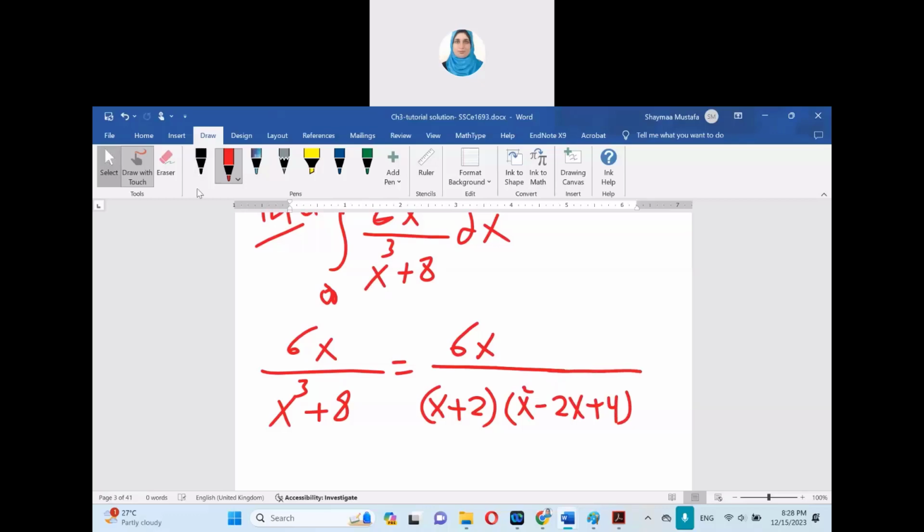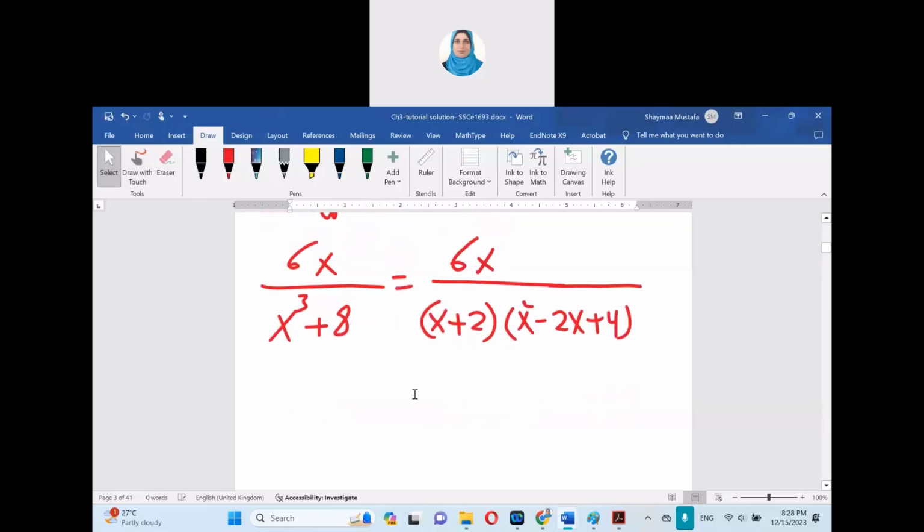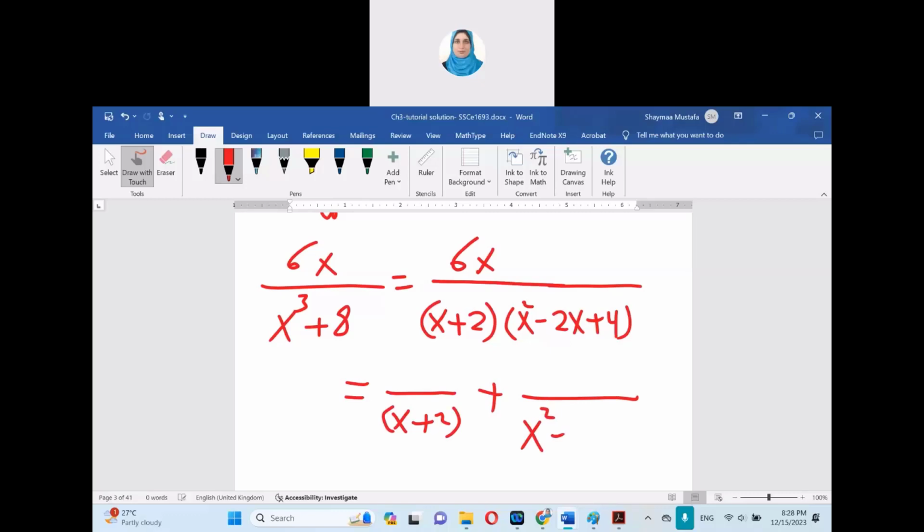Now you need to use partial fraction, so you have two fractions here. First fraction x plus 2. Second fraction x squared minus 2x plus 4.